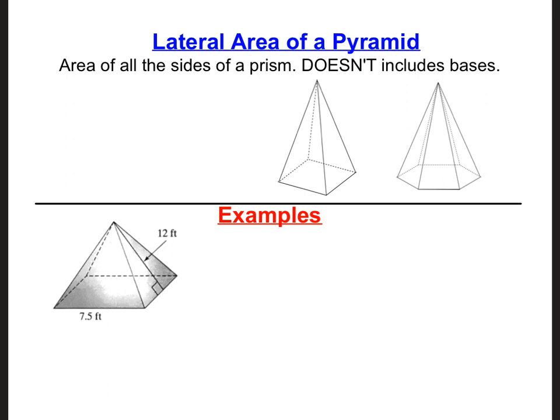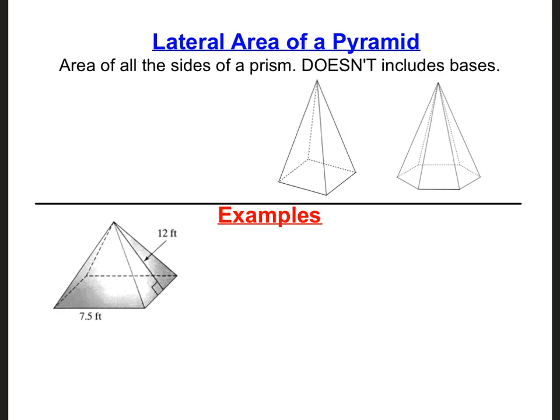All right, the first thing we're going to talk about is the lateral area of a pyramid. Now remember, this is talking about the area of all sides of, we're just going to cross it out because it's wrong, of a pyramid. It doesn't include the bases. So essentially you want to figure out, okay, what would the area of everything be without the base?